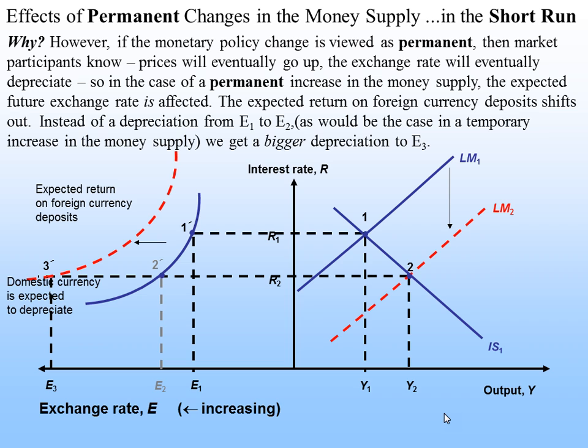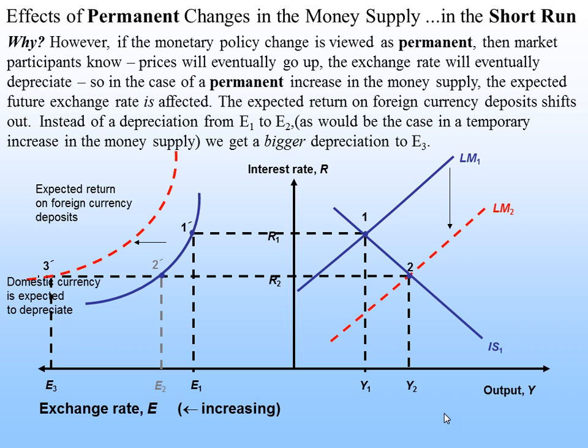If the monetary policy change is viewed as permanent, the market participants know this monetary policy is in place until prices rise. They're just going to keep doing it until prices rise. Prices will eventually go up. The exchange rate, because of purchasing power parity, will eventually depreciate.